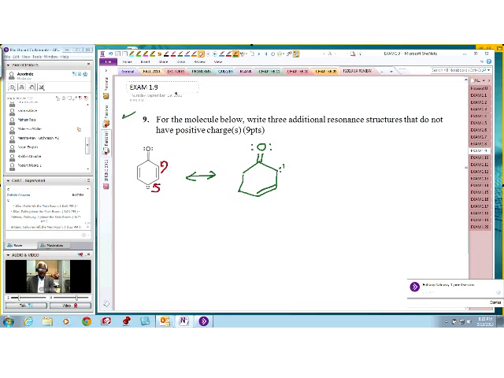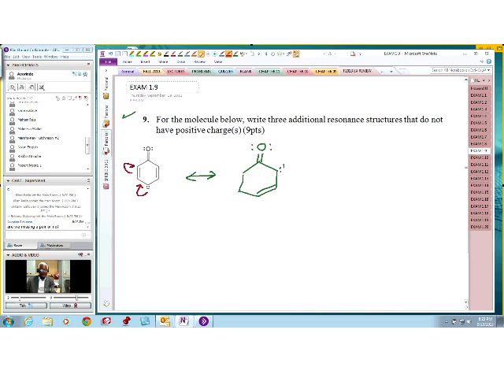Then I could also take a look at this molecule again. Let me take this out so I don't confuse you. I could do the same thing that I did on this side of the molecule. Since this is an sp2 carbon, I could move this here to form a pi bond, and in so doing, I move the two electrons that were between these two p orbitals to this p orbital here.